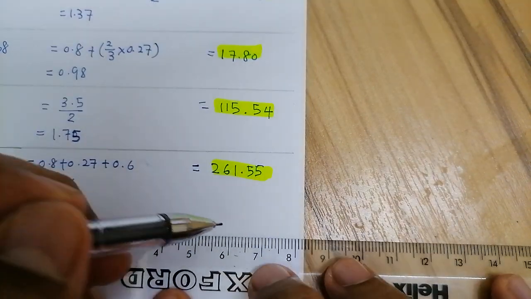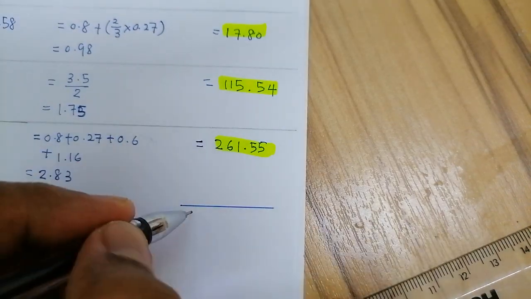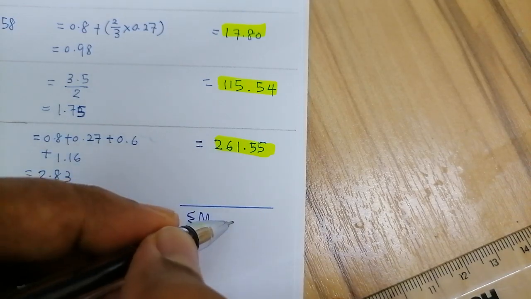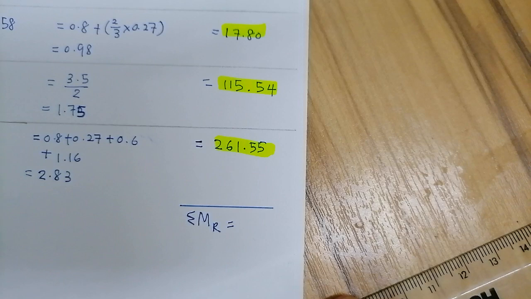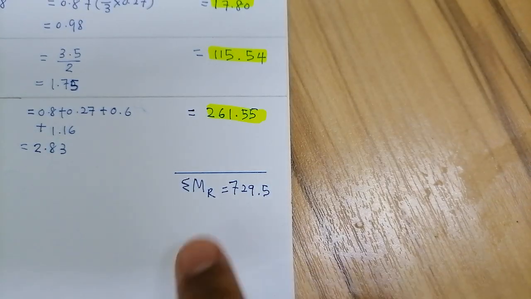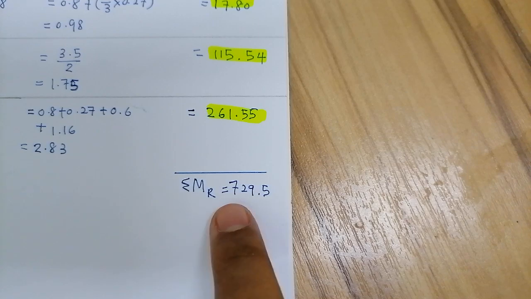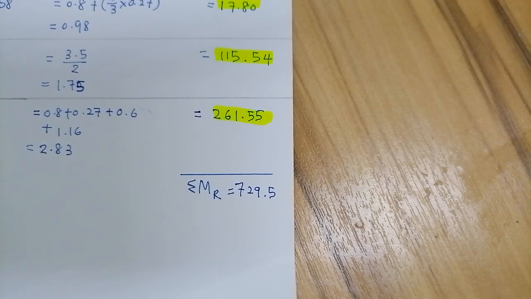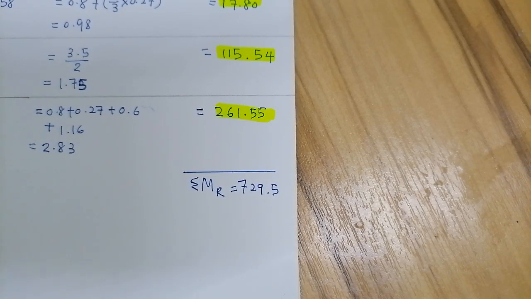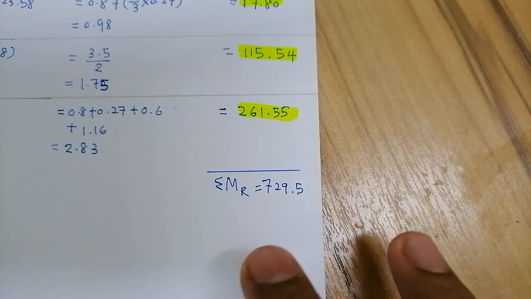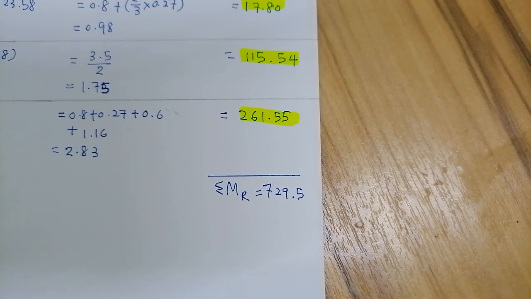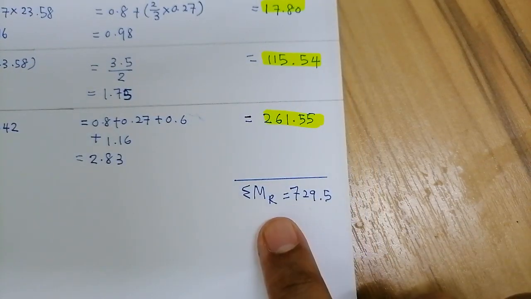And then it equals to summation of moment resisting. R is for resisting moments. So the summation of resisting moment is 729.5. All right, so we're almost there. This is for task A. After all of this calculation is actually to calculate the factor of safety against overturning. All right, so a bit more to go. So we got this resisting moment.